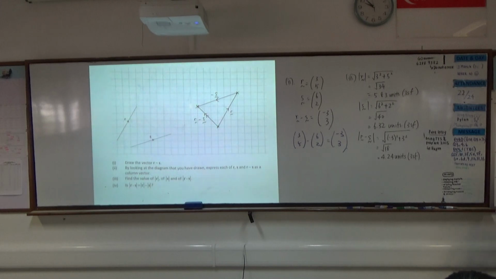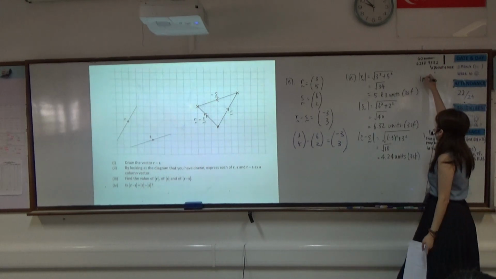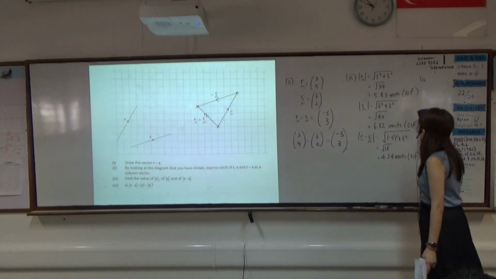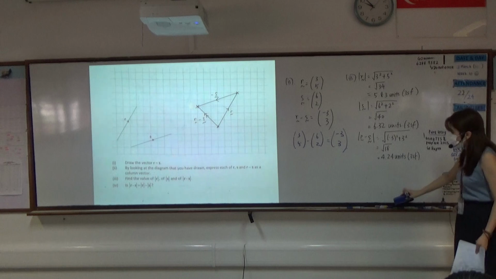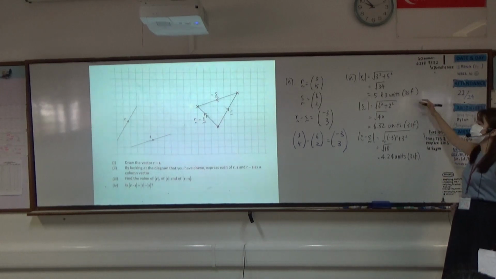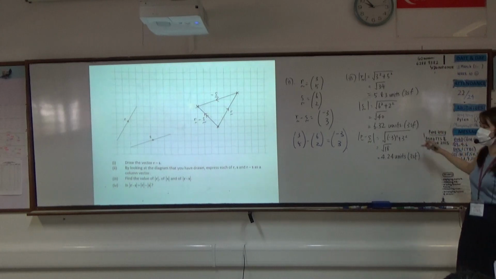So likewise for part 4, we see that the magnitude of the resultant vector is not equal to taking the two individual magnitudes and subtracting each other.